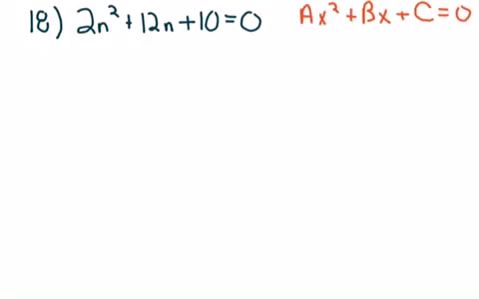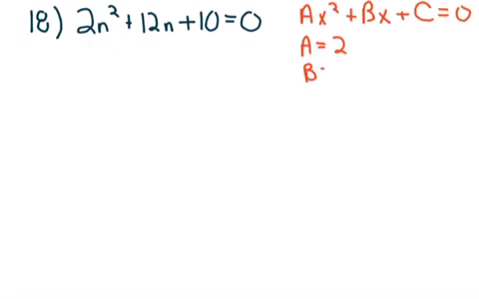So hopefully you were able to say, okay, the A is the coefficient of the squared variable term. So here's my squared variable, and the coefficient of that is 2. Let's say that A is equal to 2.